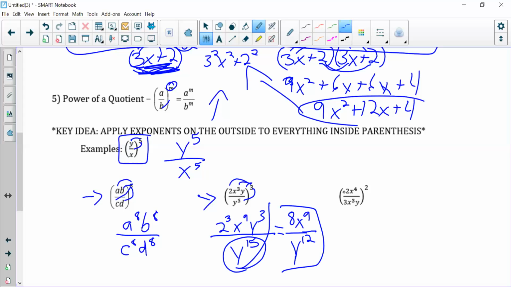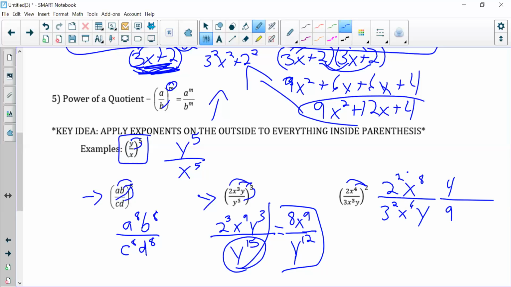All right, let's do the last one. So distribute the exponent to the exponent. So 2 squared x to the 8th over 3 squared x to the 6th y. All right, so let's do our multiplication here. 2 squared is 4. 3 squared is 9.